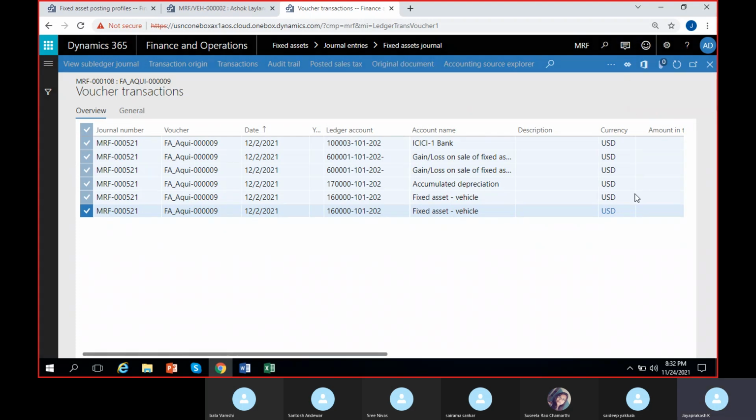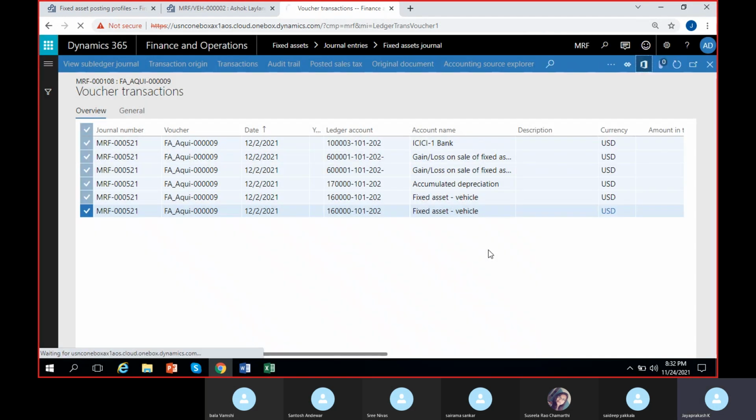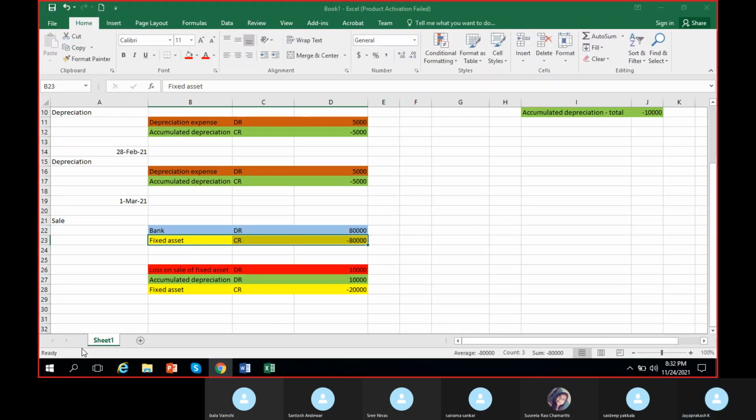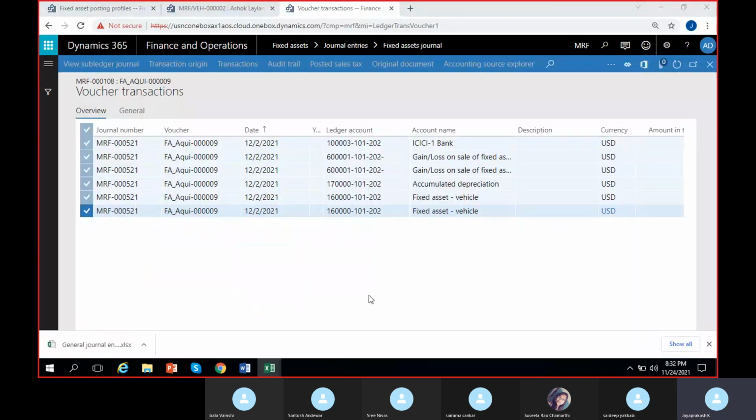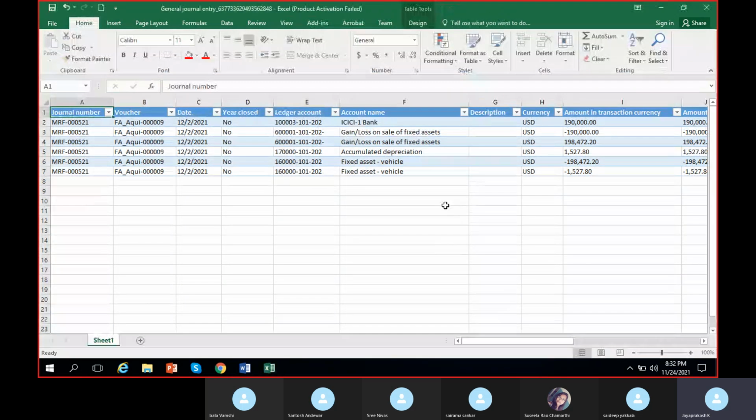So export, download. Yeah, here it is, exported into the Excel file. So now let's see what happened in this voucher.